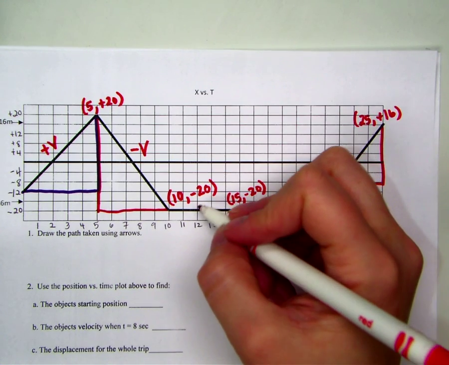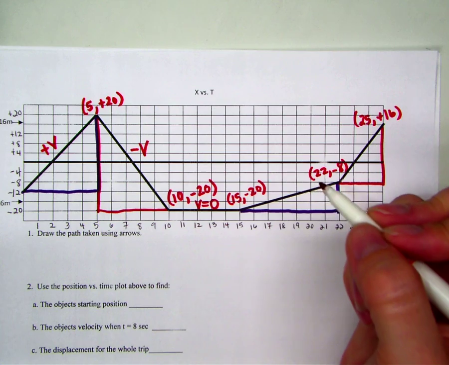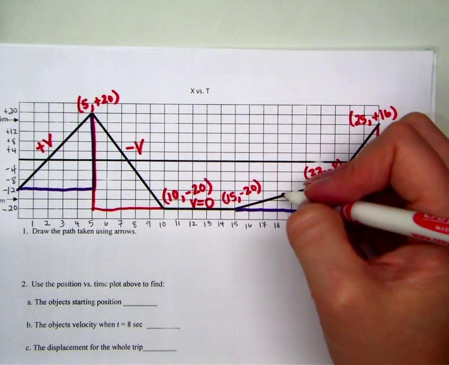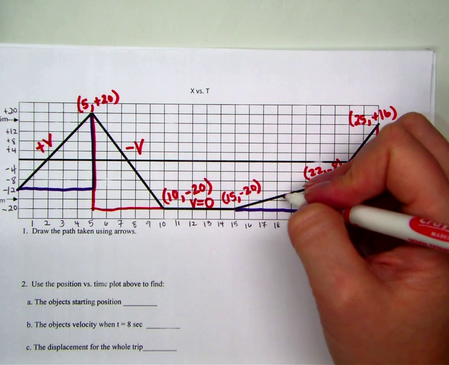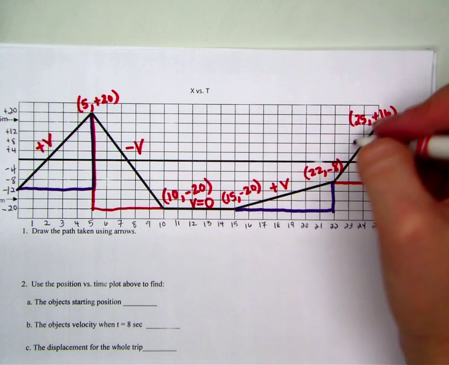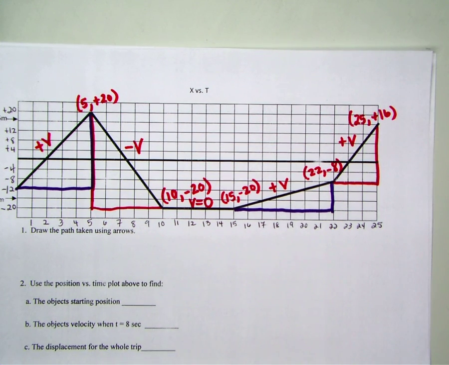The third segment has no motion, meaning the velocity is 0. The slope of a flat line is 0. The next slope is positive, so the velocity is positive, and the last one is also positive. Just because it's below the x-axis doesn't change the slope being positive or negative. It's all about the direction that it's going in.